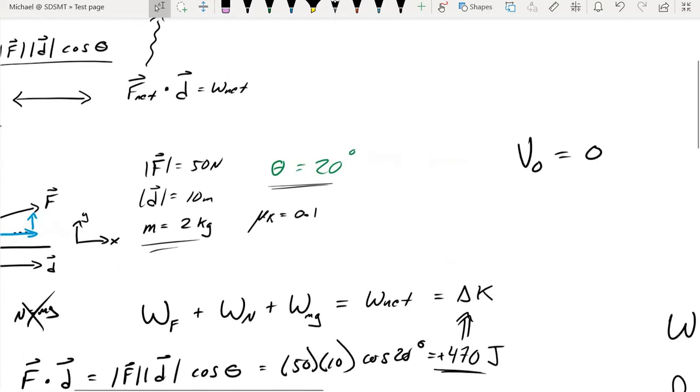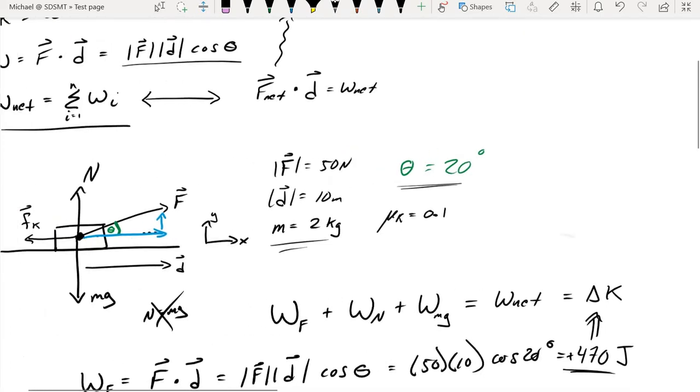So let's take a moment right over here. We'll put together a sum of forces along the y direction. Now our reference frame is actually coming in handy. If we take a sum of forces in the y direction, we have our normal force pointing up in the positive direction.